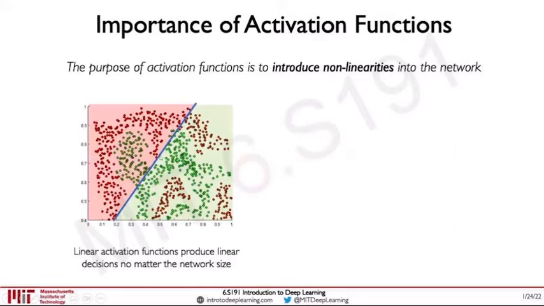Which means you're going to have green and red in a particular region, and that's not appropriate, because the classification has not been done the way it should be.